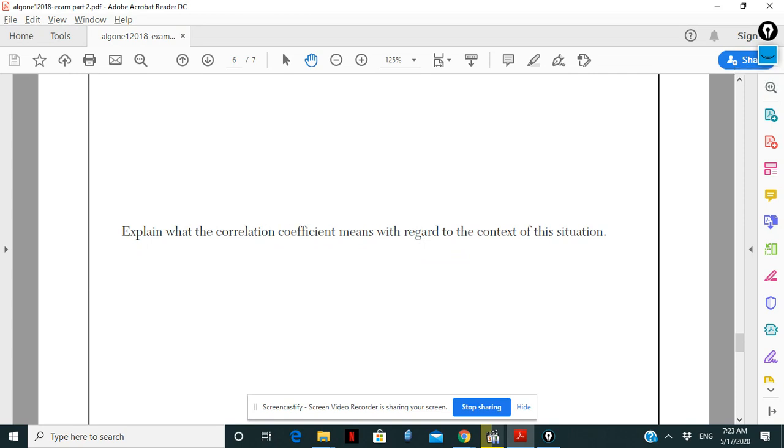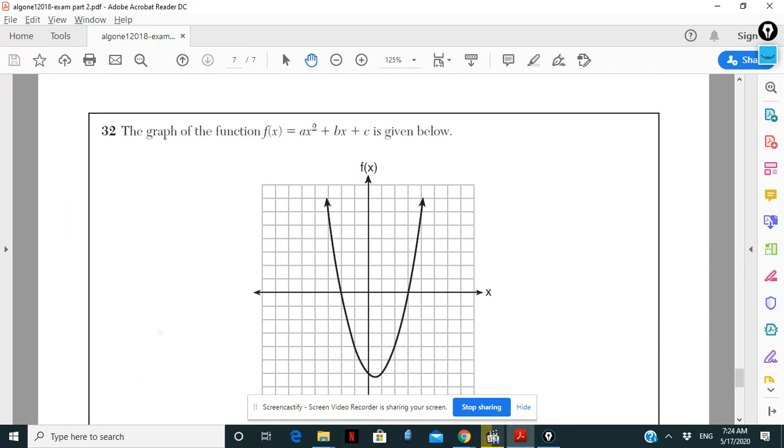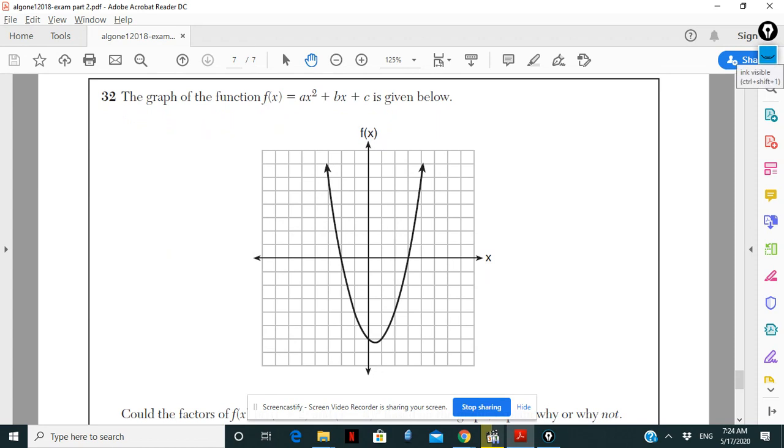So 0.92 is a strong positive correlation. So if a student scores well in math, he's going to score well in physics. What does that mean? Positive, strong correlation.